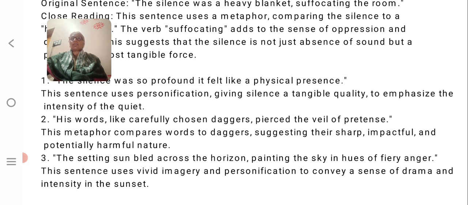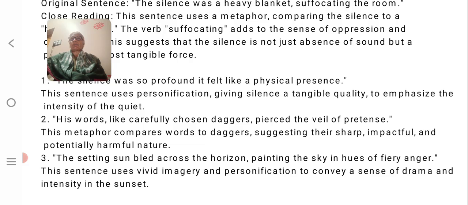In the last video, we learnt about critical reading. Let me give some hints as to how close reading and critical reading are different. Close reading focuses on analyzing the text itself, whereas critical reading involves evaluating the text and its claims.